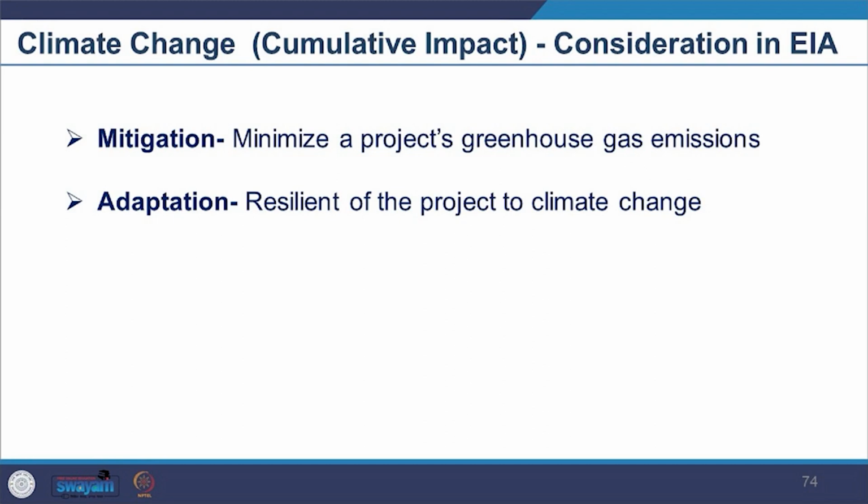Whereas when we talk about adaptation, you ensure that the project will be resilient to the impact of climate change. So whatever will come, the project will be able to cope with those kinds of changes. You may know that climate change is the ultimate cumulative impact.